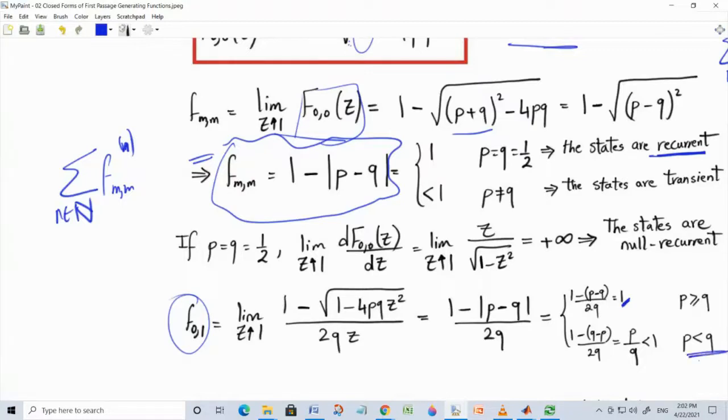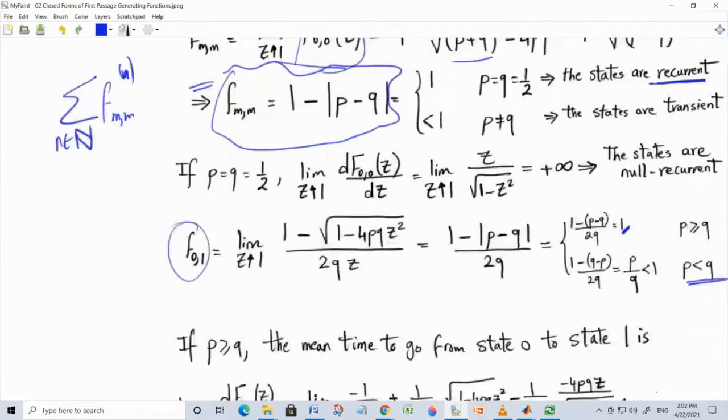Which means that if p is strictly less than q, there is a probability, which is 1 minus p over q, that starting from 0, you will never in a finite number of steps go into state 1.